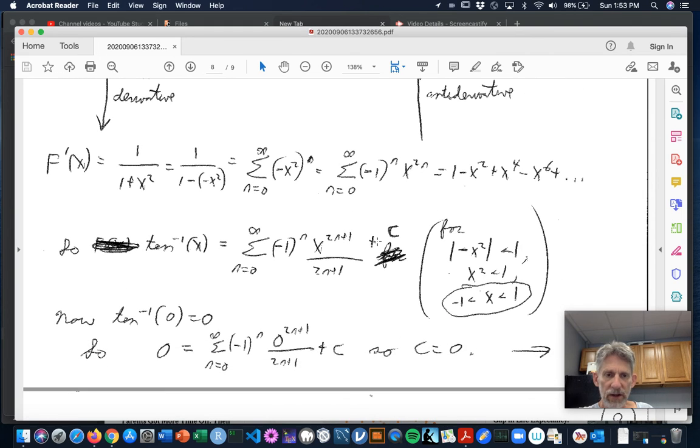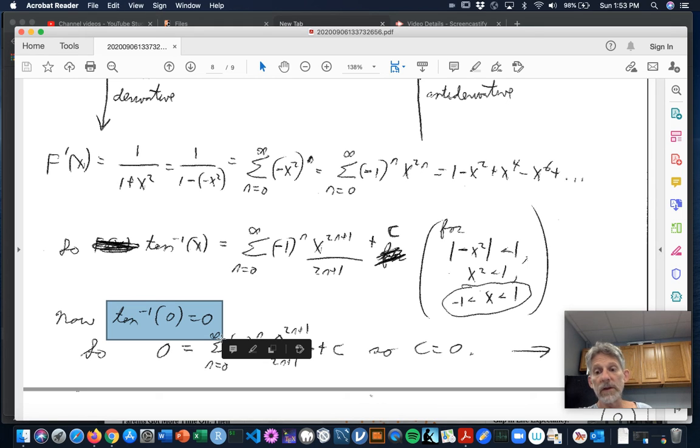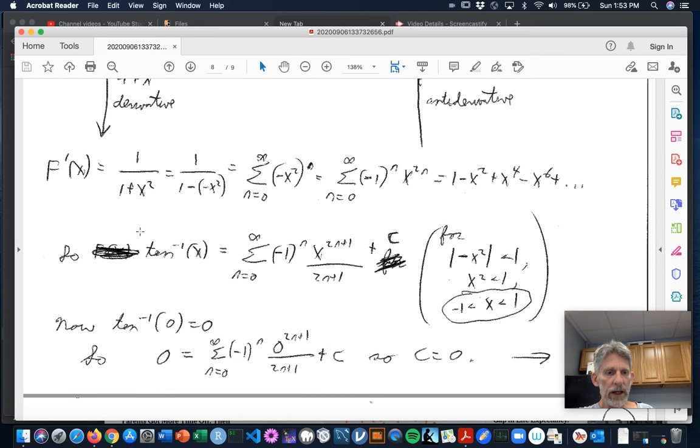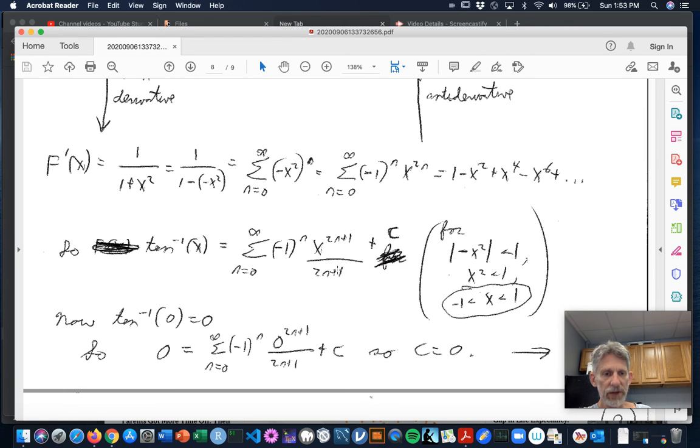That being said, let's see if we can find what c is. Well, I know some things about tangent inverse of x. I know that tangent inverse of 0 is 0. The angle whose tangent is 0 is 0 radians. So if I put in x is 0 here, I'll get a 0. And if I put in x is 0 here, I'll get some simple stuff.